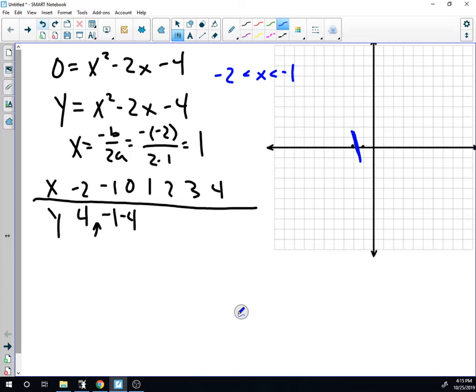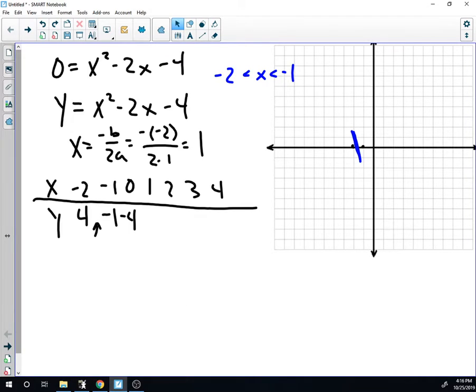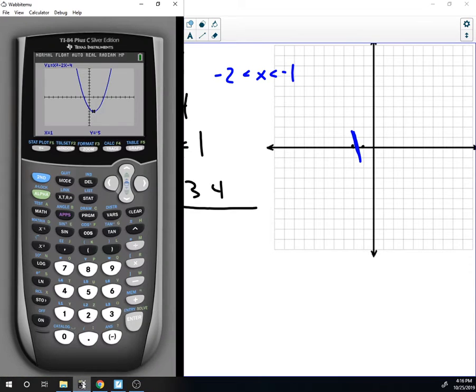So now I'm going to go find my other one. I'm going to put in 1 next. When I put 1 in there, I get negative 5. That doesn't do me any good. When I put 2 in there, I get negative 4.